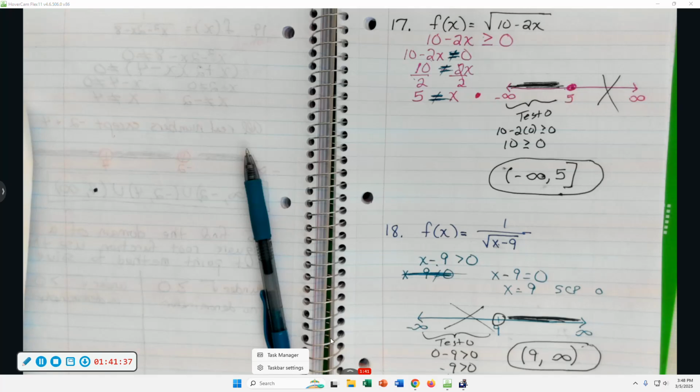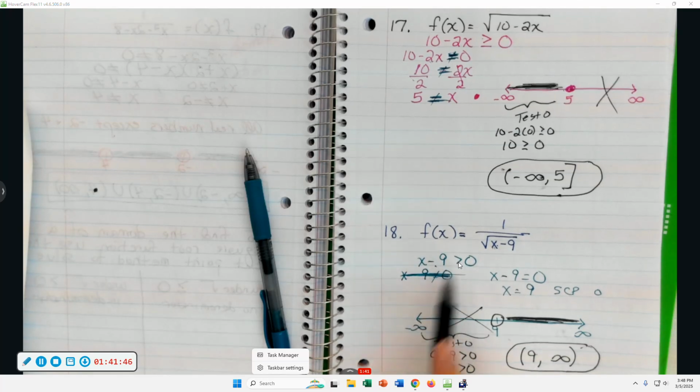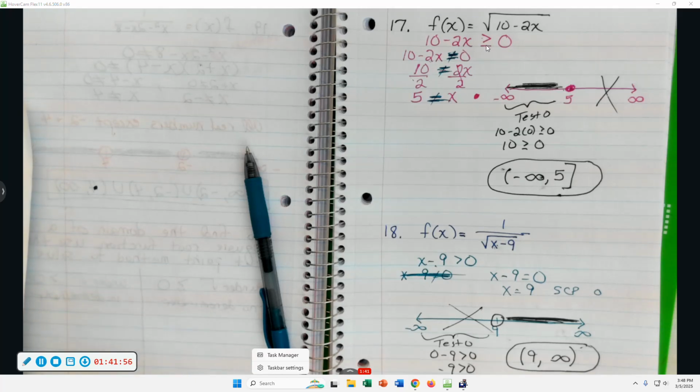Y'all see the difference? It's where the square root is located. If it's in the denominator, just greater than 0. The radicand has to be greater than 0. If the square root is not in the denominator, the radicand has to be greater than or equal to 0.